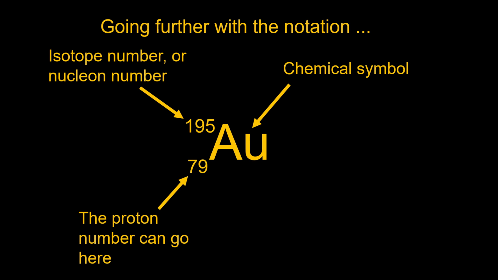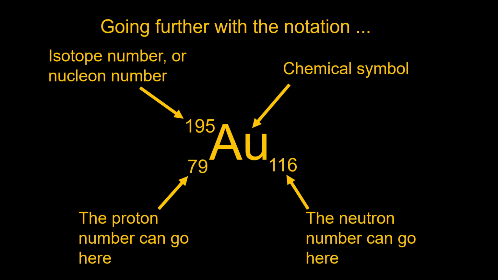Since it's gold, we know it's going to have 79 protons. And over on the right side, we'll put the neutron number. Now, those two numbers on the bottom added together will add up to the isotope number or the nucleon number. The number of protons, 79, plus the number of neutrons, 116, equals the 195.